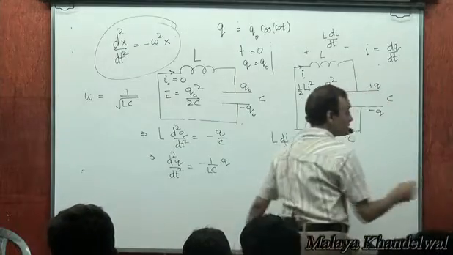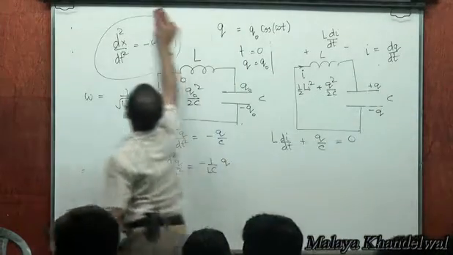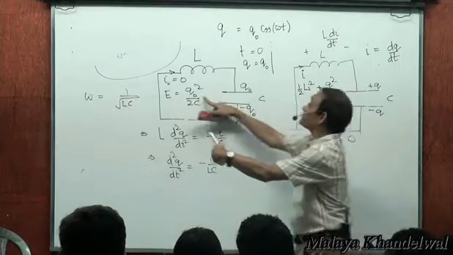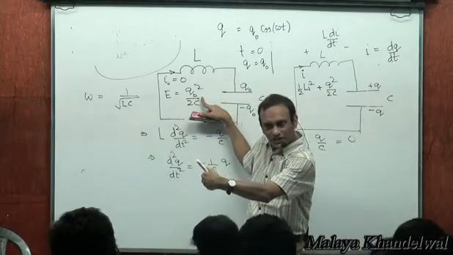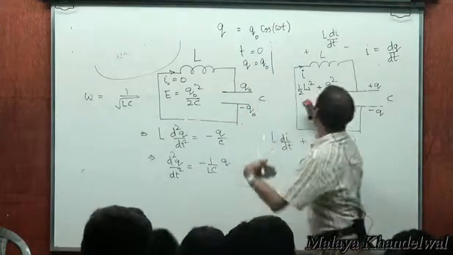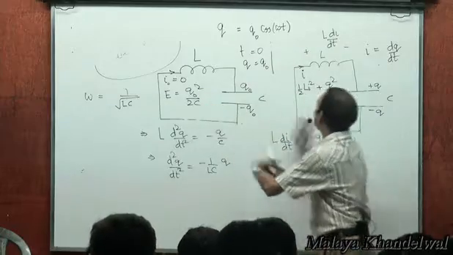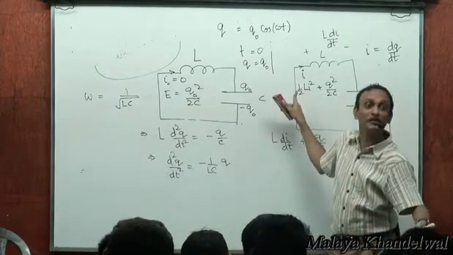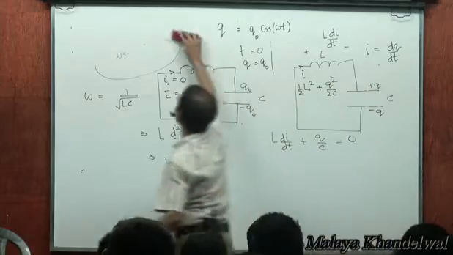Now where did this magnetic energy come from? It must have come at the expense of the electrical energy, right? So part of the electrical energy has manifested itself as magnetic energy, half L i squared, in the intermediate state.